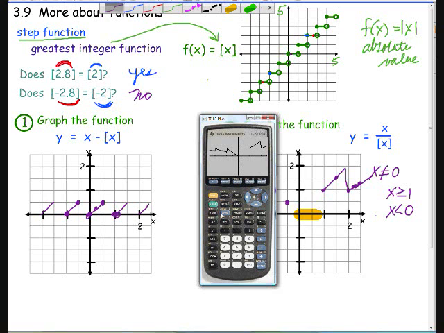I didn't trust that at the time, but I had forgotten about how peculiar this calculator can be. So I'm going to put it back into connected mode, and now go in again. I'm sure this can't be the best way to do it, but put it back into dot mode and graph it.